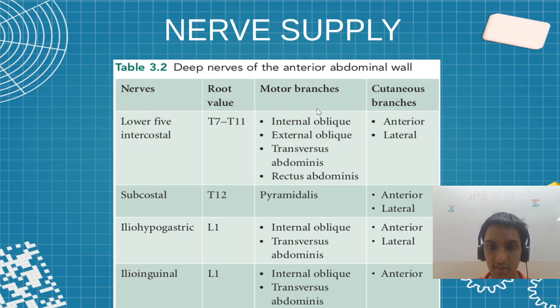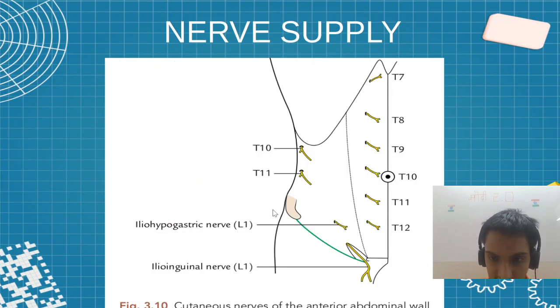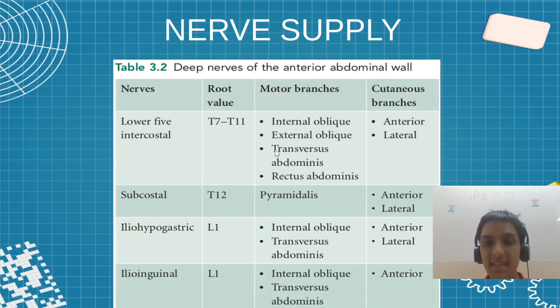This will supply what we saw in the fascia transversalis, those three muscles, extra and rectus abdominis. That's all. Okay. All right. Then subcostal will be T12. This one, this will be the T12, subcostal. This supplies the pyramidalis muscle. Okay. The function of pyramidalis is to tense the linea alba.